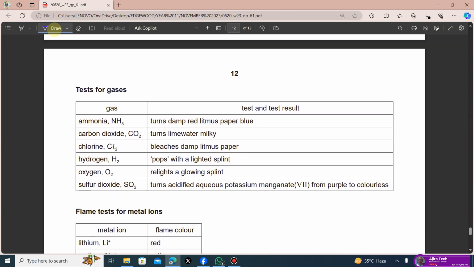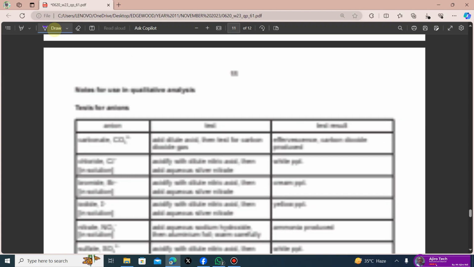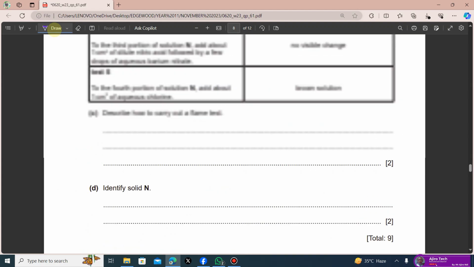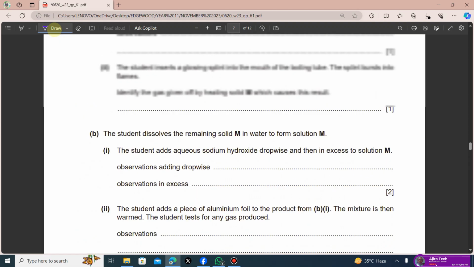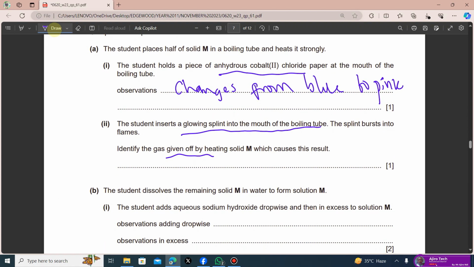So you look at it, and you see that oxygen is the gas that does that. So the gas that is likely given off is oxygen. Either you write oxygen or O2, and either gets you your mark. But be careful not to write O, as many will make that mistake, because oxygen is diatomic.